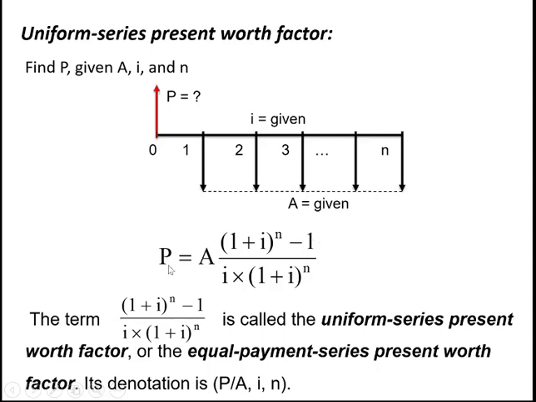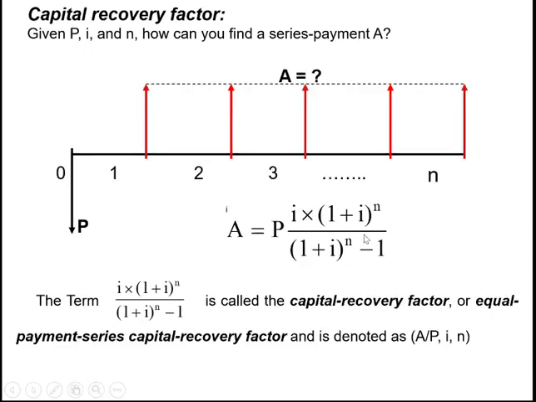So from this formula, we convert to get this formula: A equals P times this factor, which is the inverse of the equal payment series present worth factor.